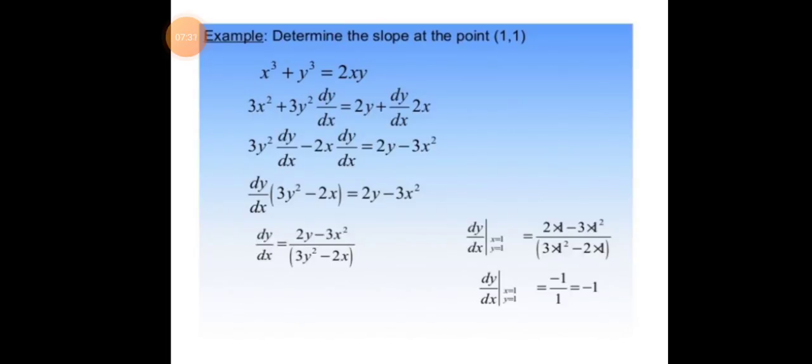Dy divided by dx times 3y squared minus 2x equals 2y minus 3x squared. Then dy divided by dx equals 2y minus 3x squared divided by 3y squared minus 2x. So, this is the final answer.